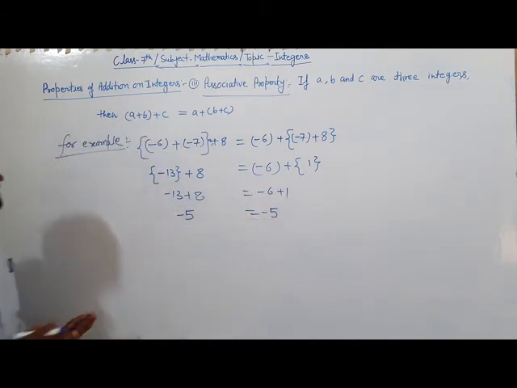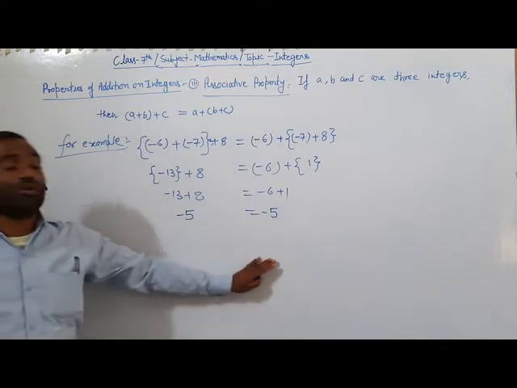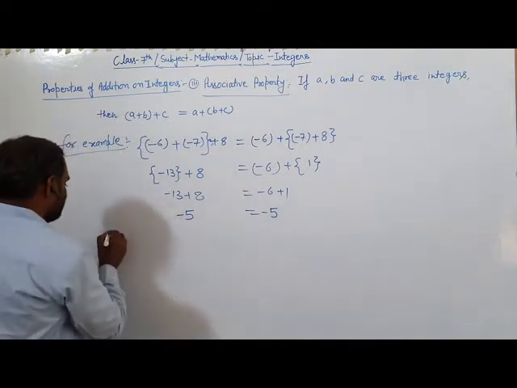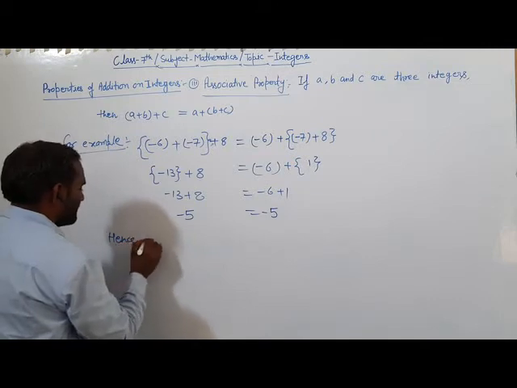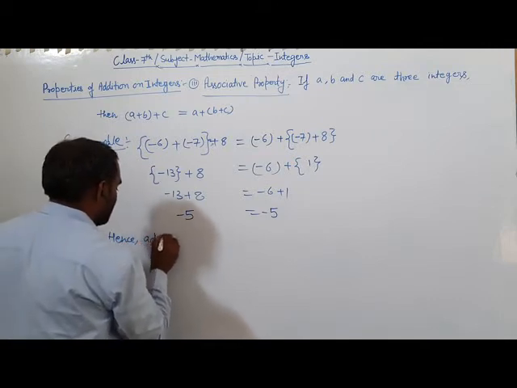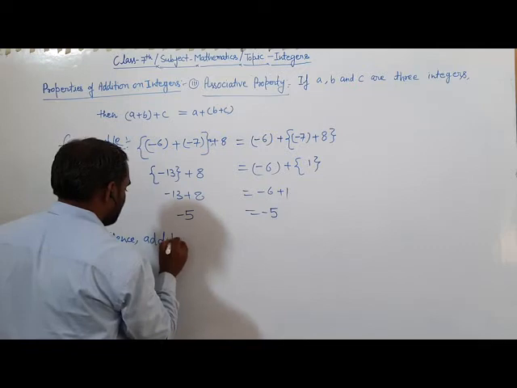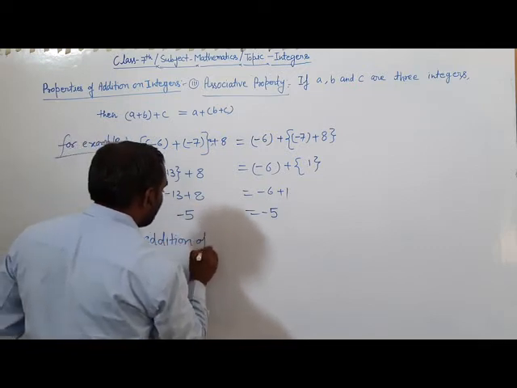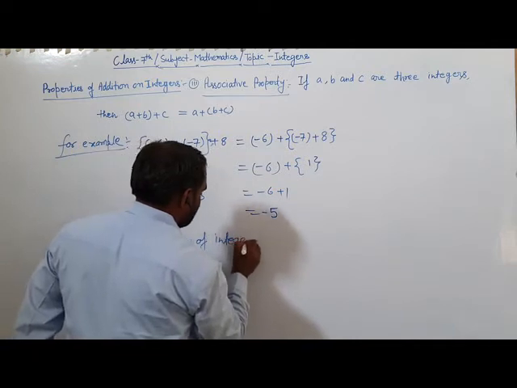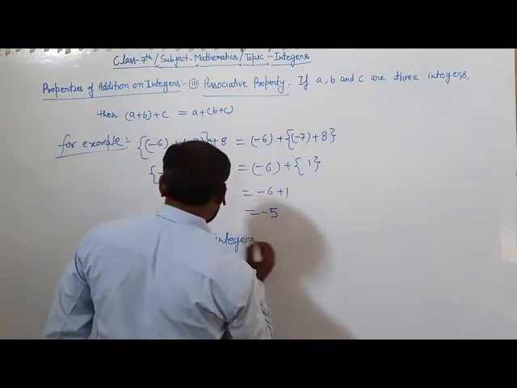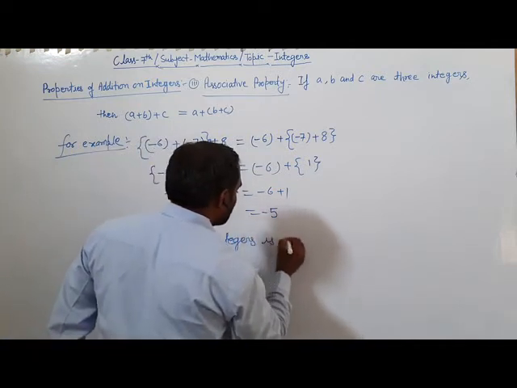Both are equal. So this is the associative property. Hence, addition of integers is associative.